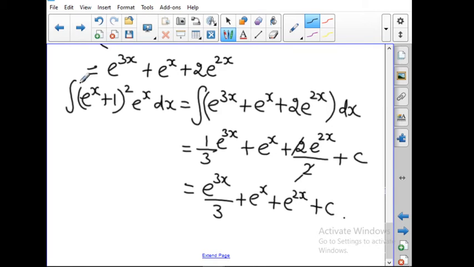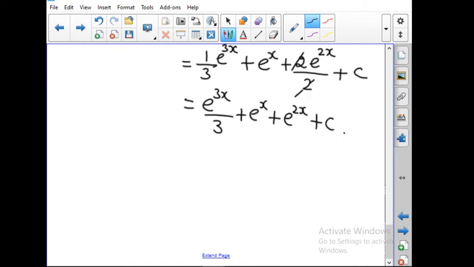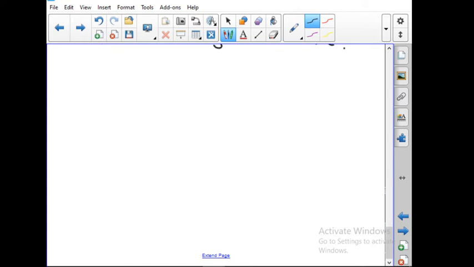Now let us go with problem number 4. The integral of e^(3x) minus e^(3x)... divided by e^x dx. First let us separate the terms.